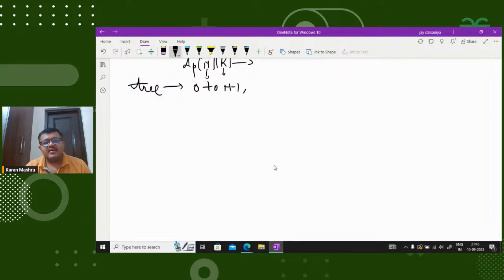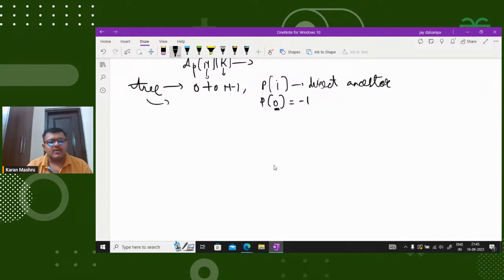And P of i represents the direct ancestor, the node which is just above i. P of 0 is minus 1 because 0 is the root node. So if we have the information about each and every node's parent, then we can construct the whole tree, right?